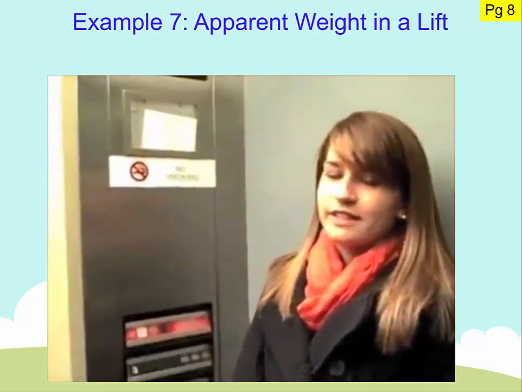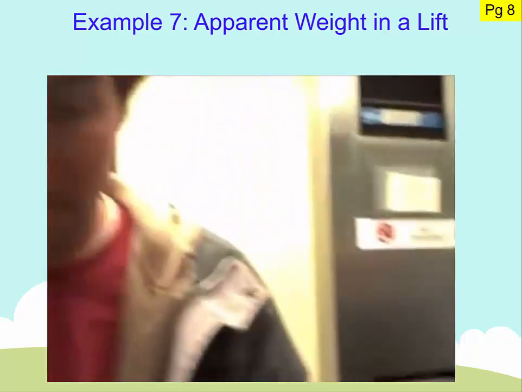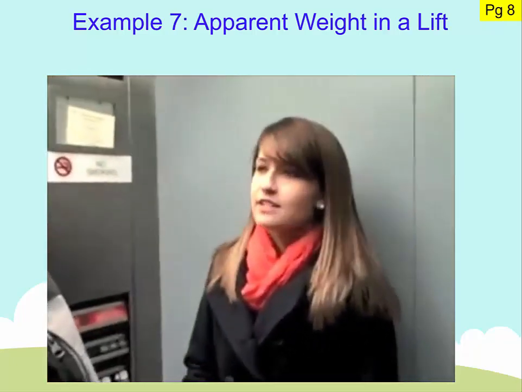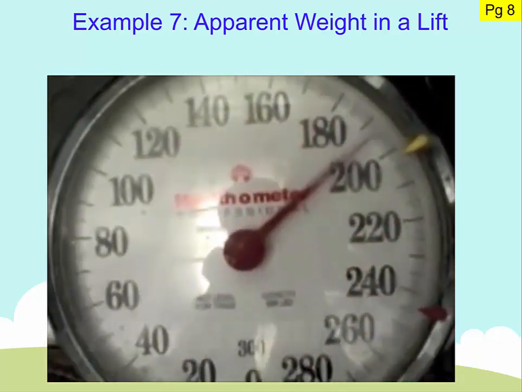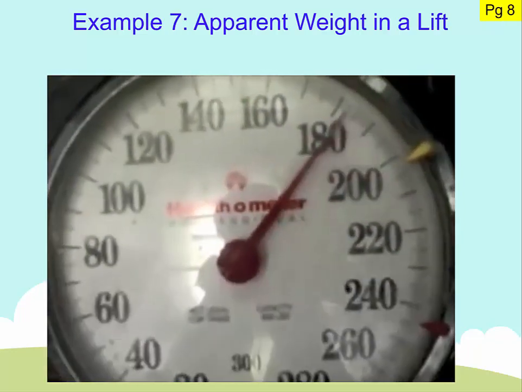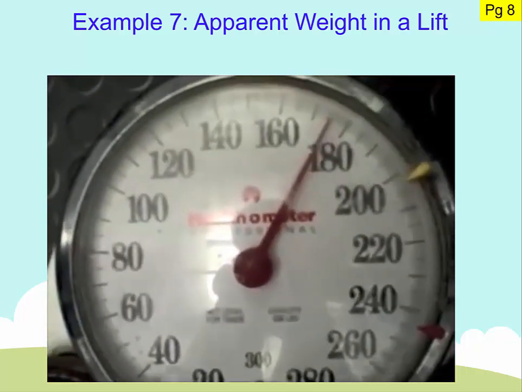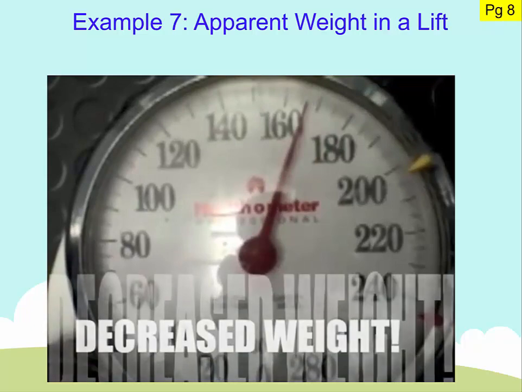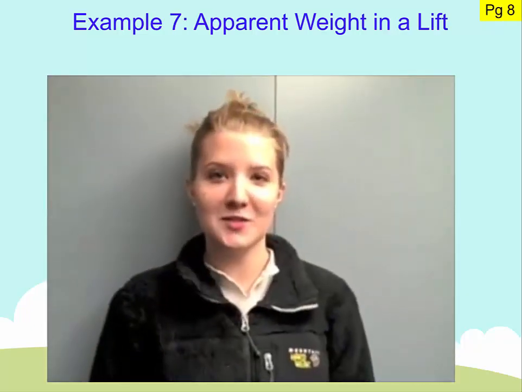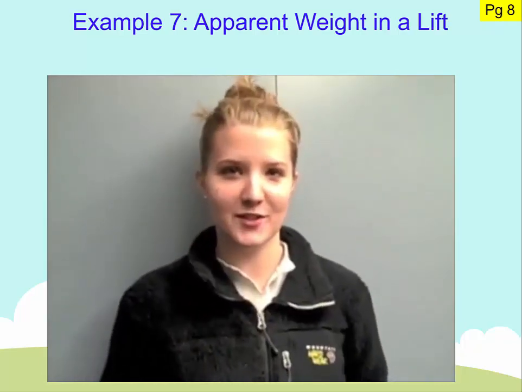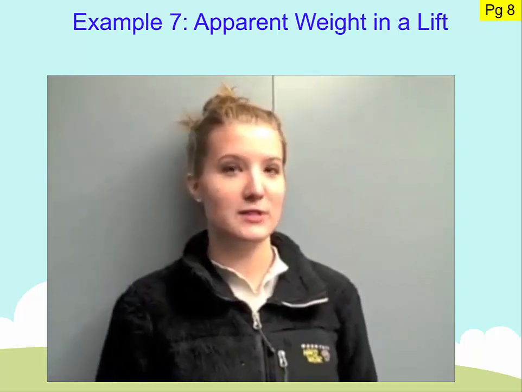Kelly is currently on the scale. We're on the second floor, and we're going to move up to the third floor, and his weight should increase and then decrease. We are now going to do the experiment of the elevator moving downwards. When it starts to move, it accelerates downwards, and his weight will decrease.